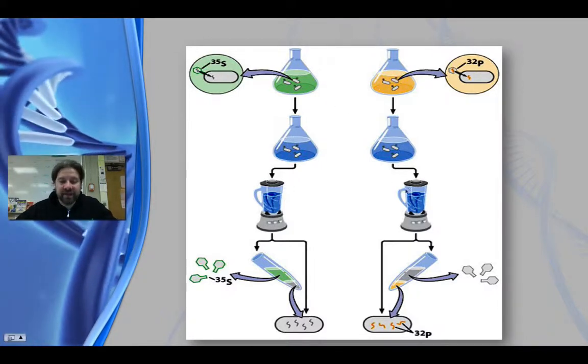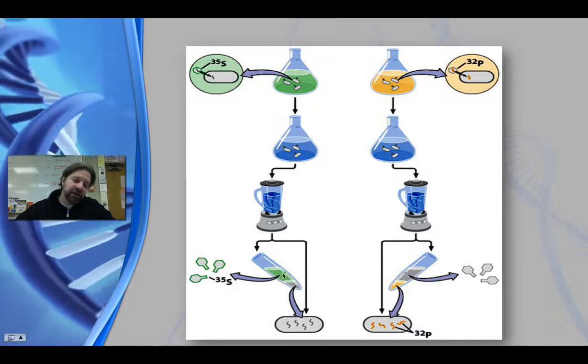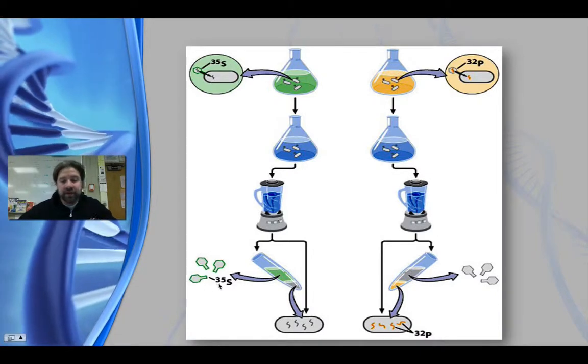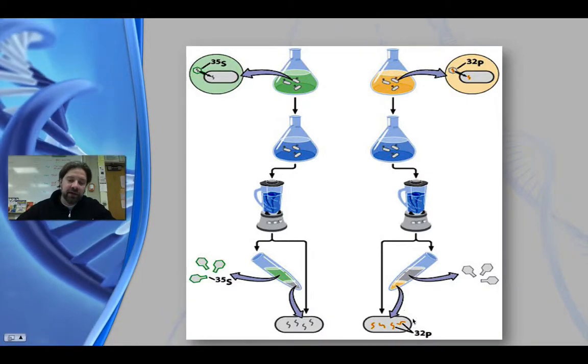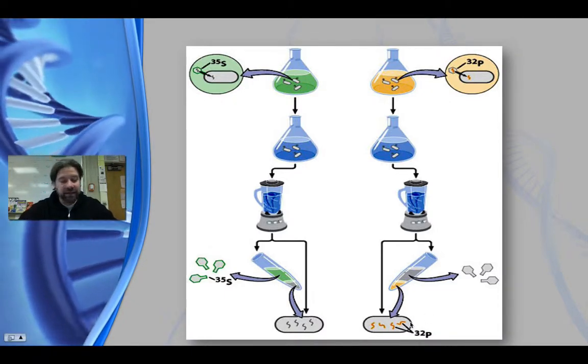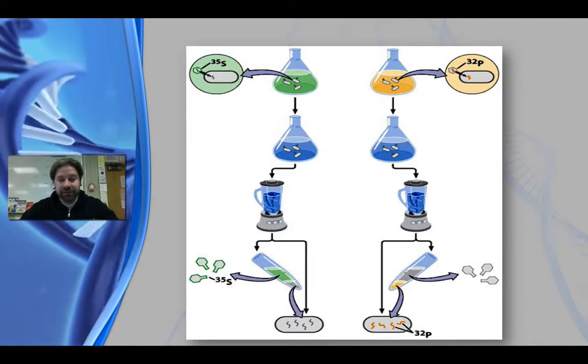In both cases, samples are blended. In this one, we find that the liquid on top of our pellet, what didn't get into the cell, is our hot protein, and what got into the cell, what winds up in our pellet down here, is our hot phosphorus sample, again showing that DNA is truly our inherited molecule of genetics.